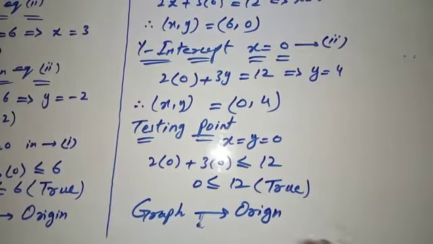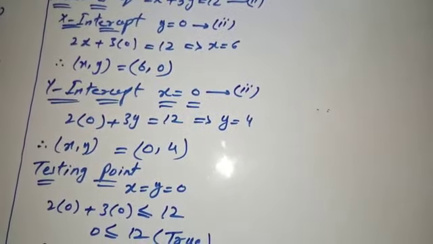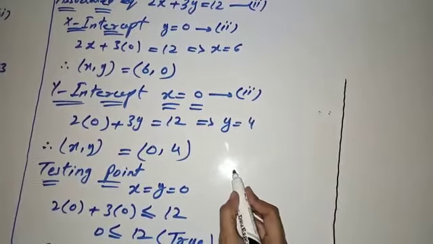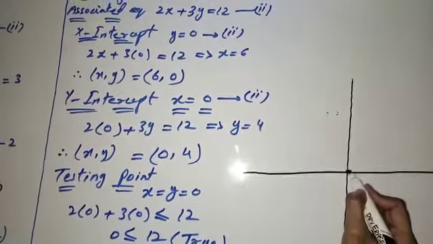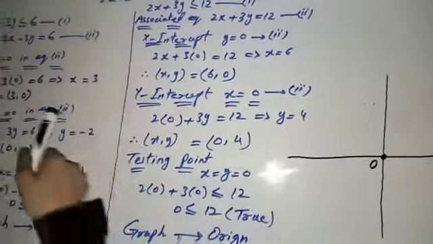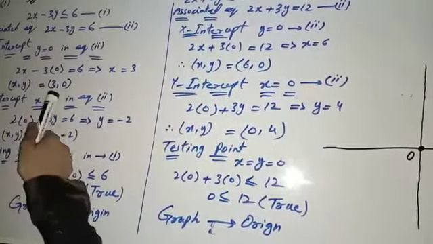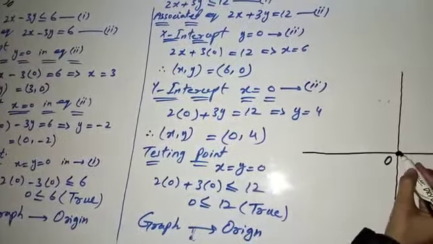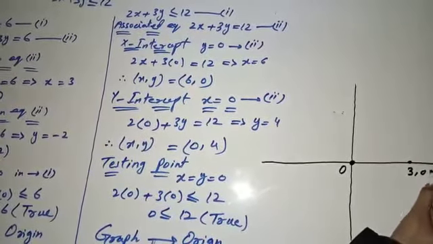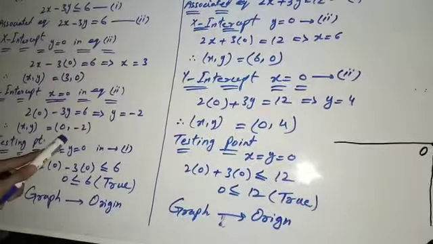Now I am plotting the graph. This is the vertical line, this one is the horizontal line, and the central point is the origin. In case of the first linear inequality expression, the x-intercept has value 3 and 0, value of x is 3 and value of y is 0. And the y-intercept value is 0 and minus 2.